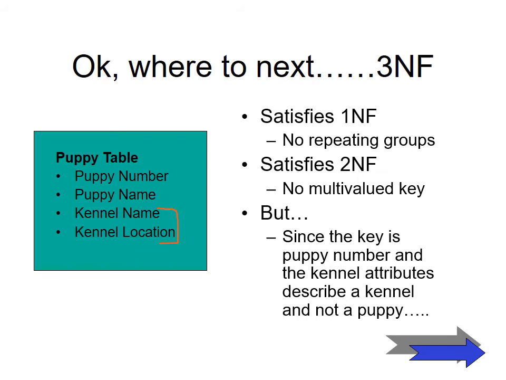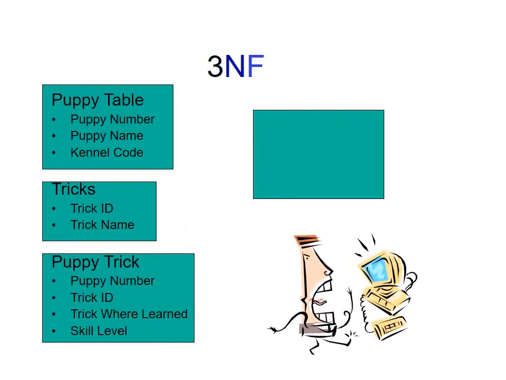All right, so now we're going to move this to third normal form. It does satisfy first normal form because there's no repeating group. It does satisfy second normal form because there are no partial dependencies. And this is where we land. Since the key is puppy number and the kennel attributes describe a kennel, not a puppy, we break them out.